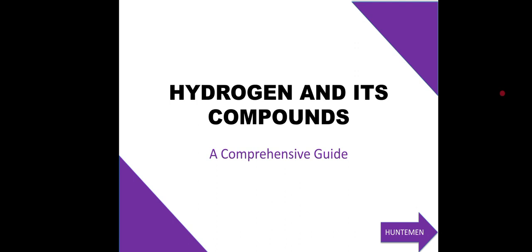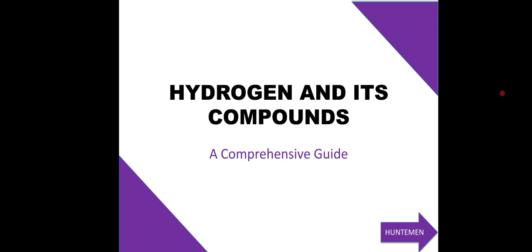Alright, for this video I'll be talking about hydrogen and its structure. First of all, hydrogen is a chemical element that happens to be the first element on the periodic table. Hydrogen is a non-metal. It is also a gas.